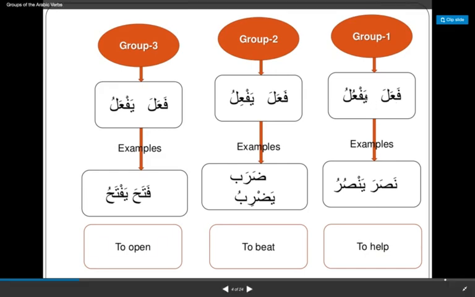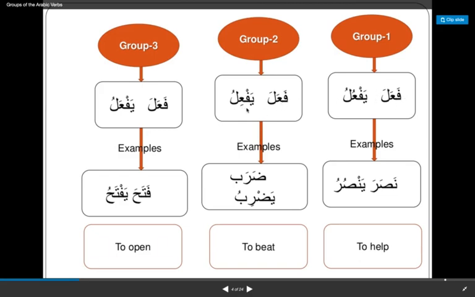The present tense will be يفعل. For example, we have نصر, and the present tense will be ينصر. It means to help.